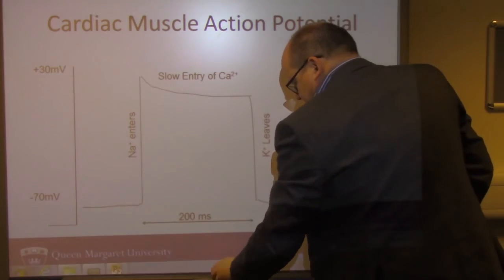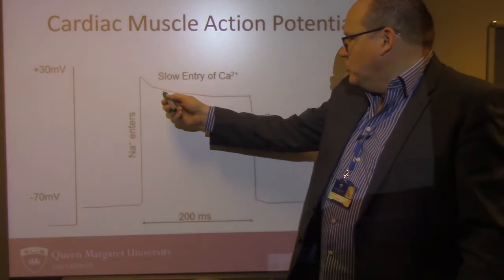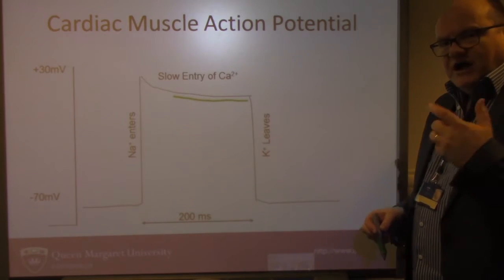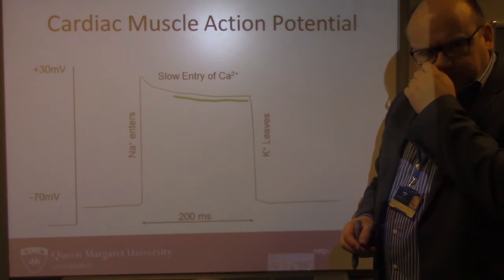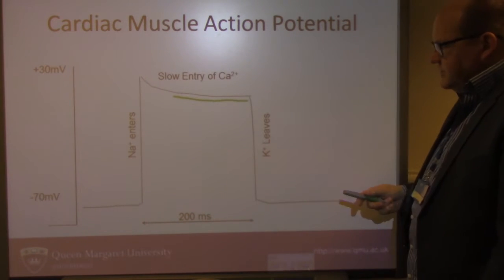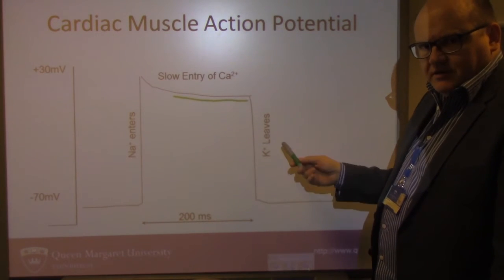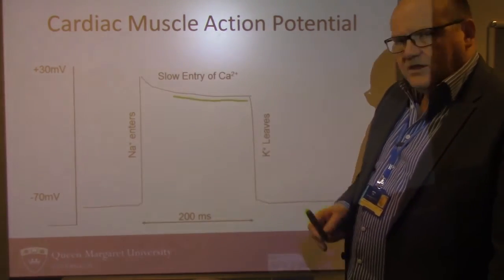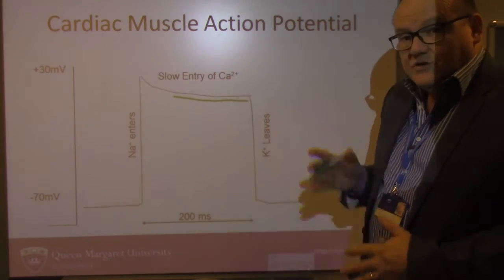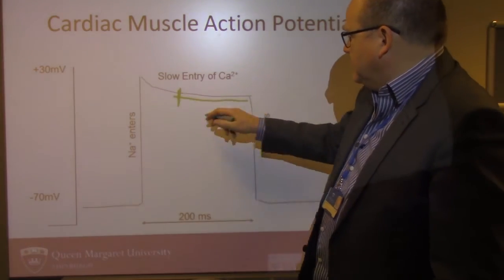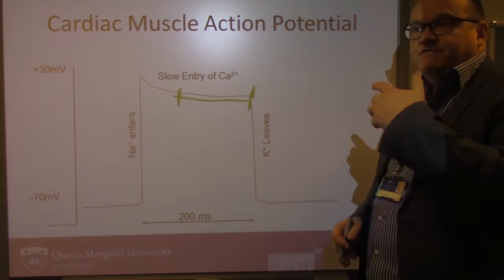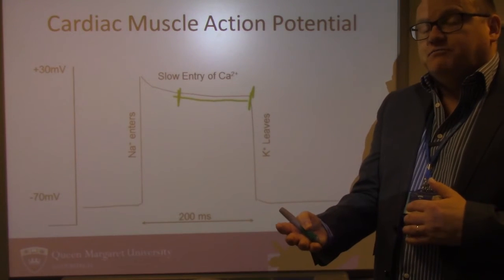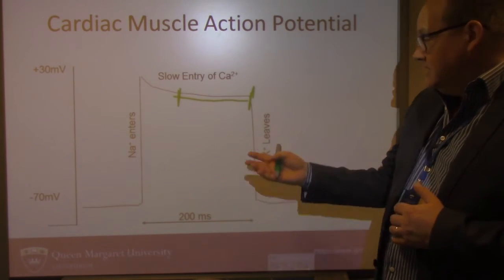This part here, where you get almost an equilibrium, a balancing, that's because there's a calcium channel involved in cardiac muscle. And at the same time as you're getting the potassium exit, so you're losing positive charge, starts to come down, the calcium channels open and calcium goes in. And for a period of time, you get the influx of positive charge from calcium balancing the efflux of positive charge from the potassium.